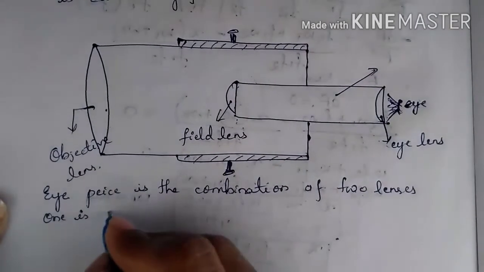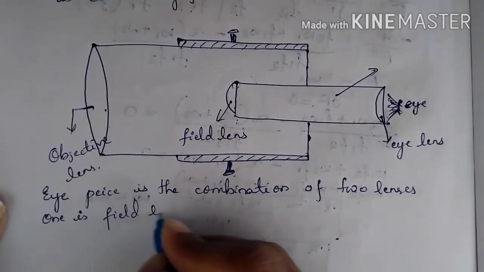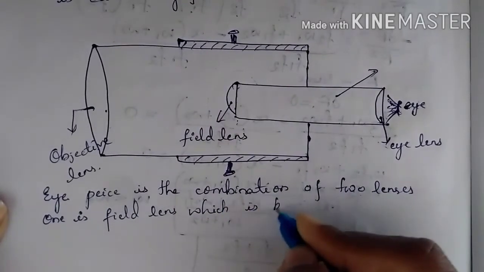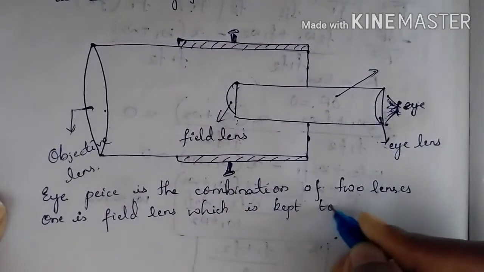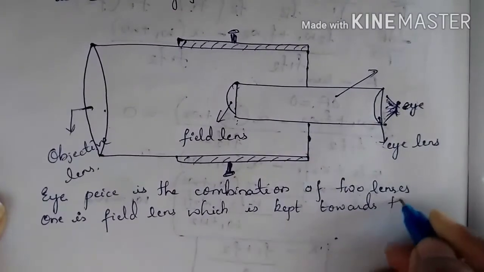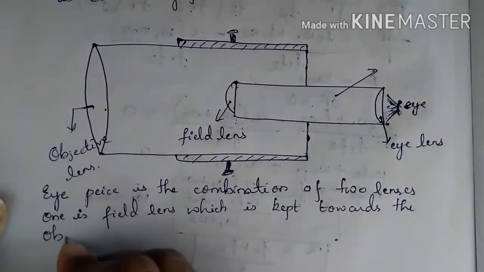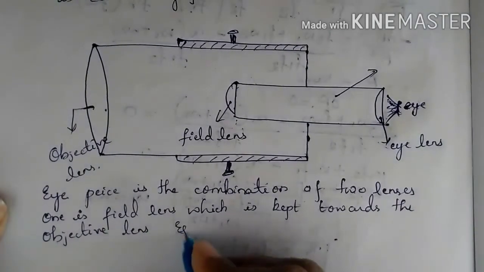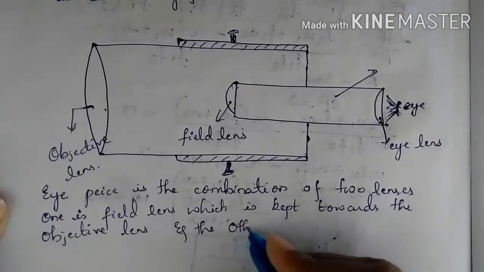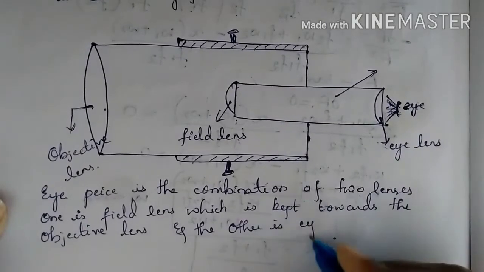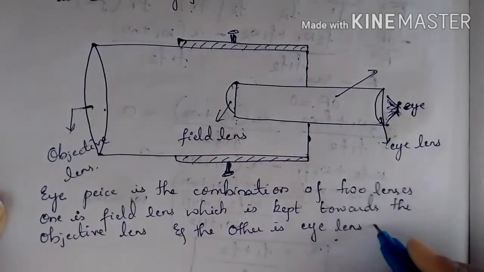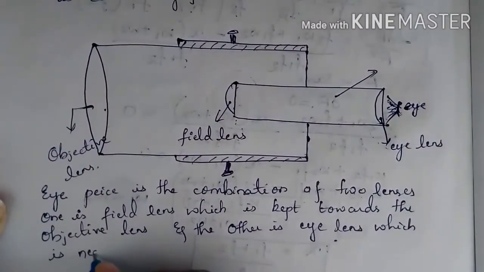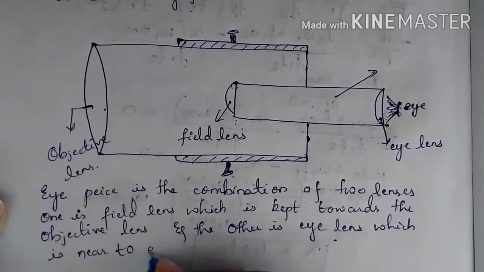One is the field lens, which is kept towards the objective lens, and the other is the eye lens, which is near to the eyes.